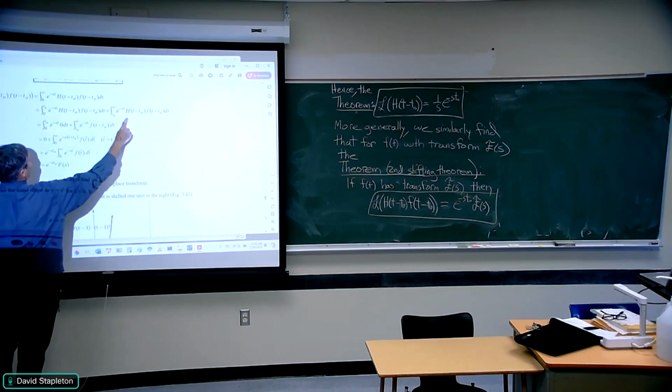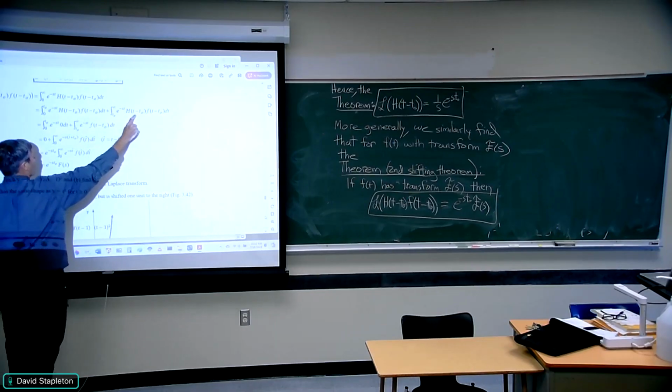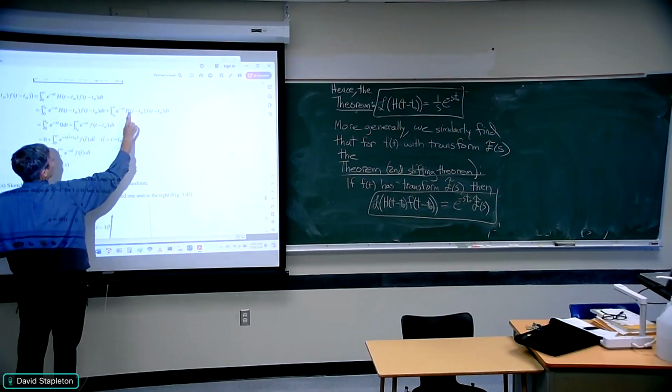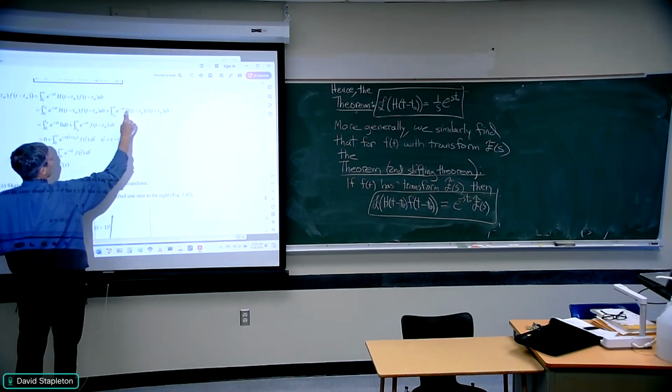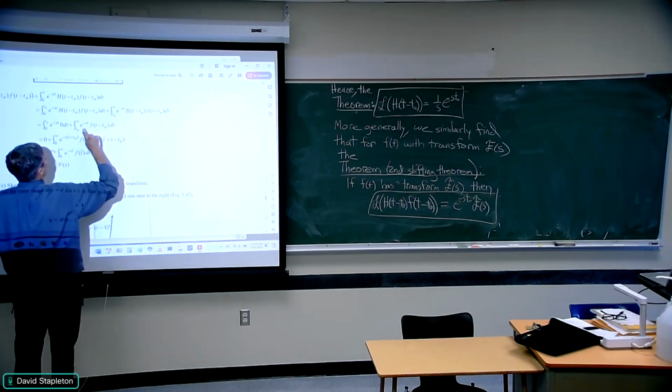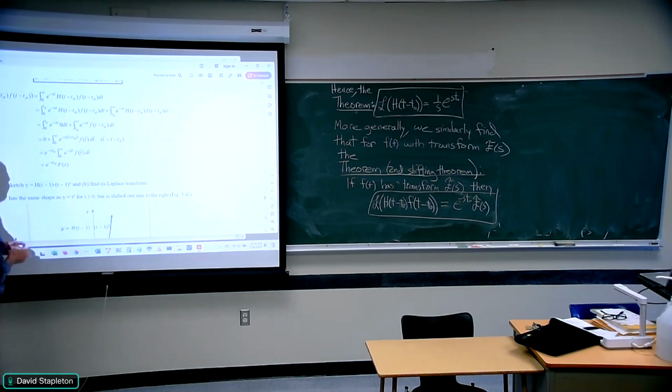On the second interval, since it goes from t naught to infinity, and this is 1 there, you just replace this with 1. The second integral is replaced with 1, the first integral is replaced with 0, and since this is the integral of 0, it's just 0.